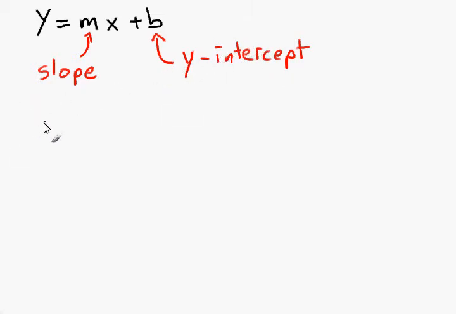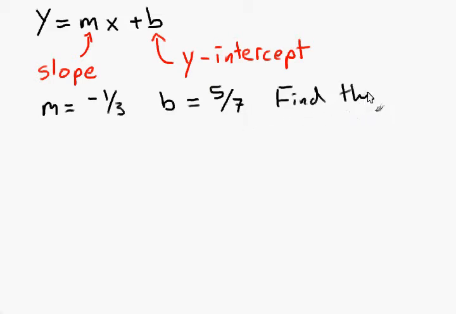So maybe as an example, we're given that the slope is equal to -1/3 and the y-intercept, or b, should be equal to 5/7, and we'll be asked to find the line that has the given slope and y-intercept. Well, that's simple enough. Y is equal to -1/3 x plus 5/7. We just need to plug the values in there.